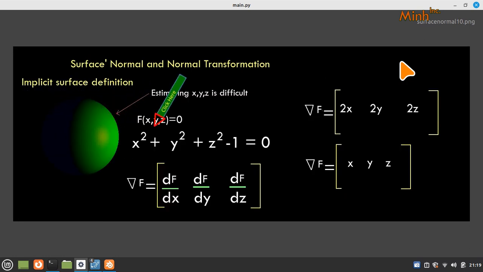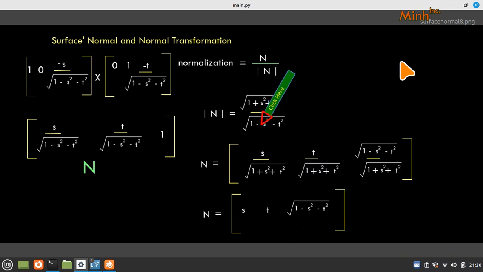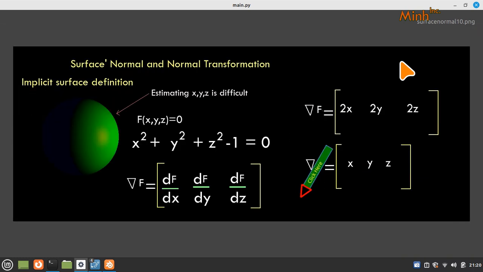Here I have to calculate x, y. So getting the actual point on all points on surfaces to calculate the normal is very difficult. Anyway, but we'll do. Can we see it is similar? s, t, and 1 minus s square minus t square, it is x, y, z. It is similar.